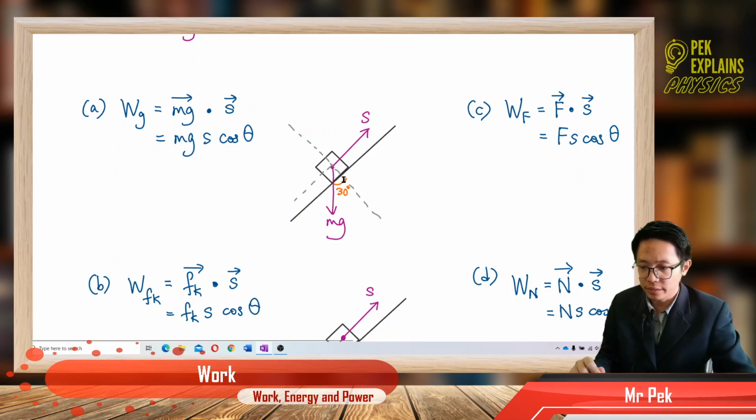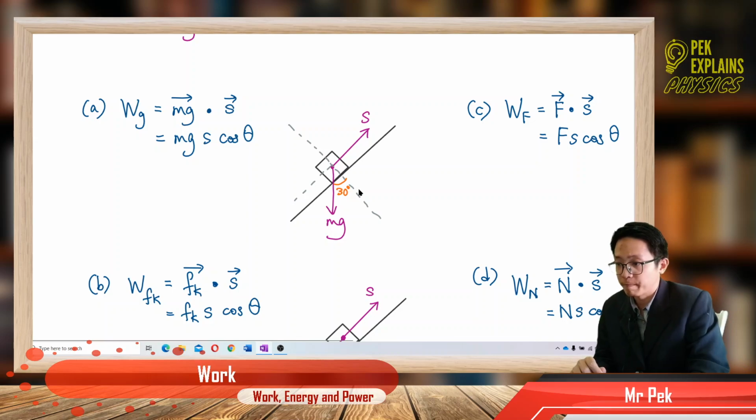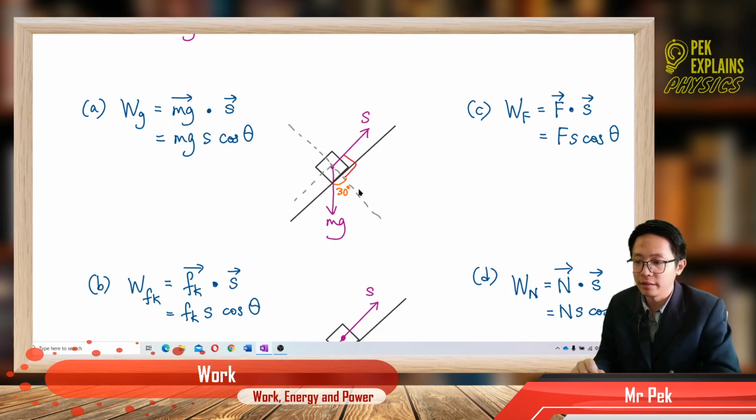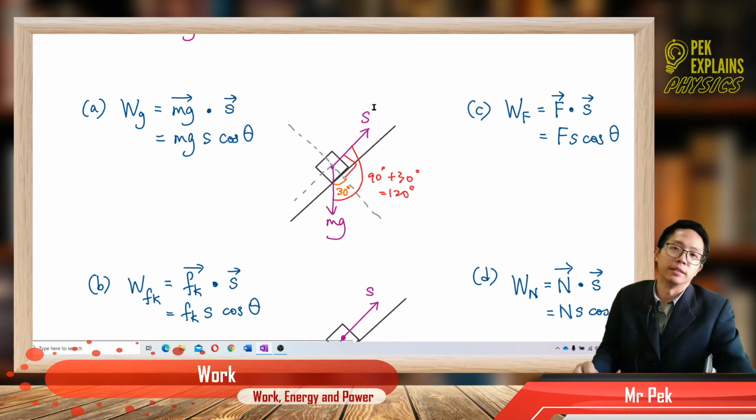We know that this is 30 degrees, adding with another 90 degrees here. So the total angle is 90 plus 30, which is 120 degrees between the weight and the displacement.